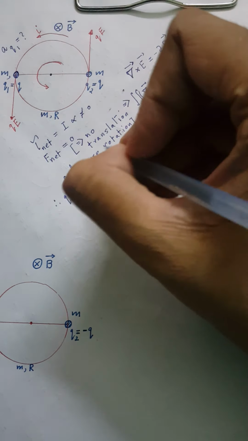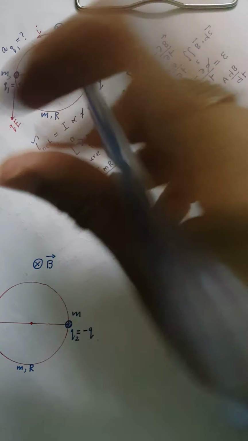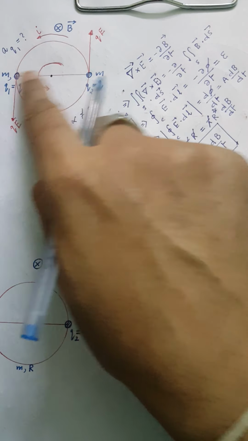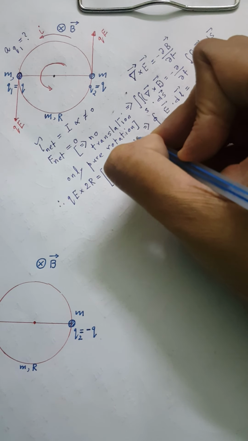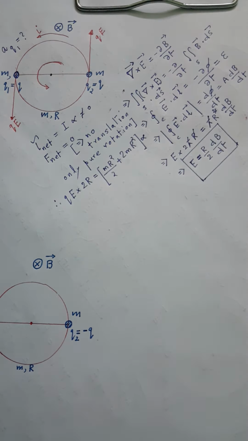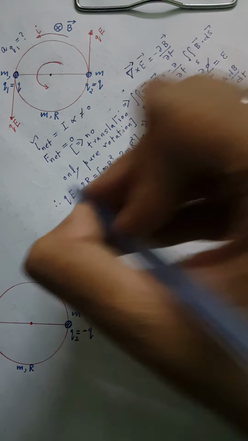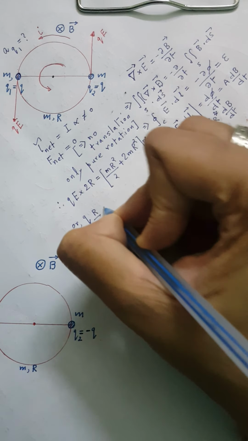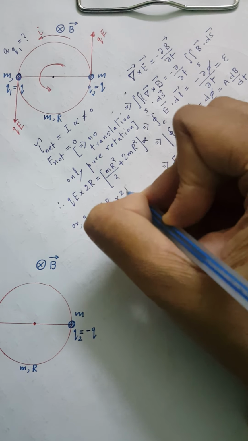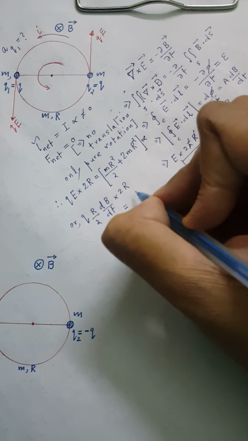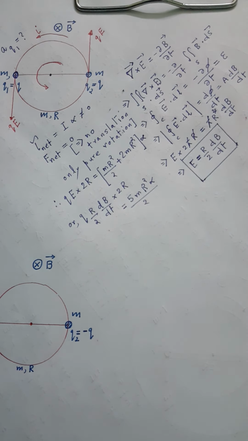So the moment of inertia of the disk is mr² by 2, plus because of this mass mr², and this mass mr², we can write 2mr², multiplied by alpha. So qE, where E is (r/2)(dB/dt), into 2r equals 5mr² alpha by 2.